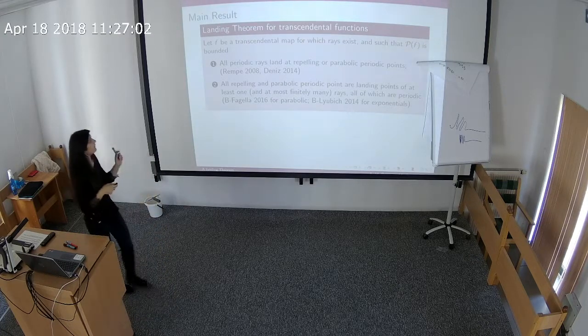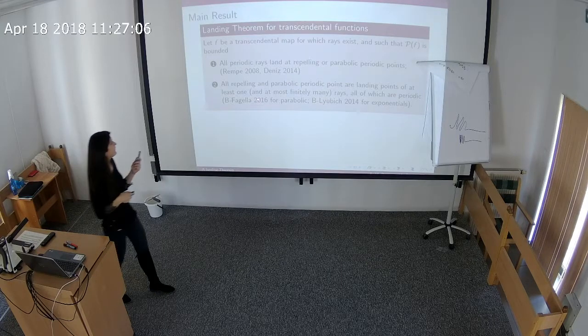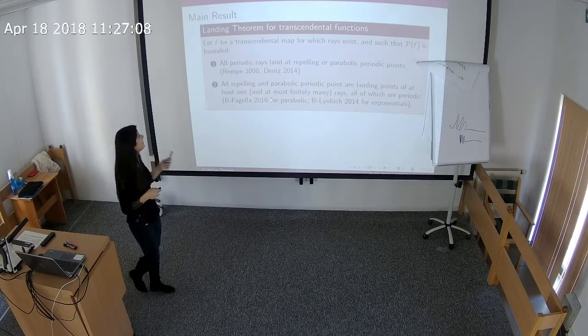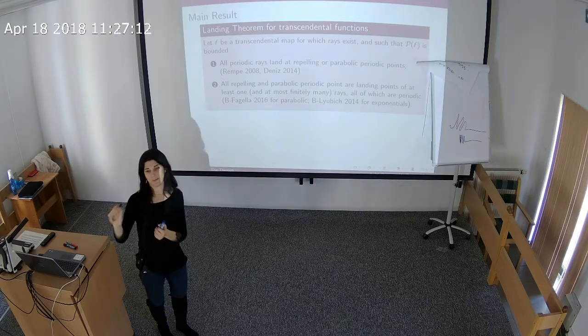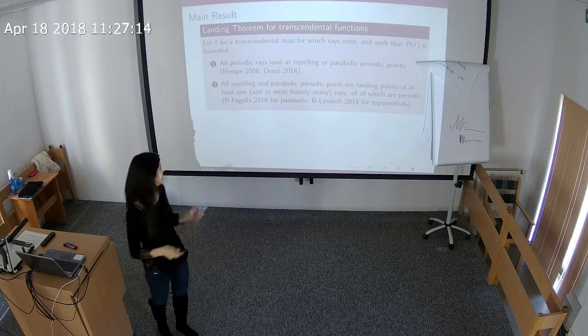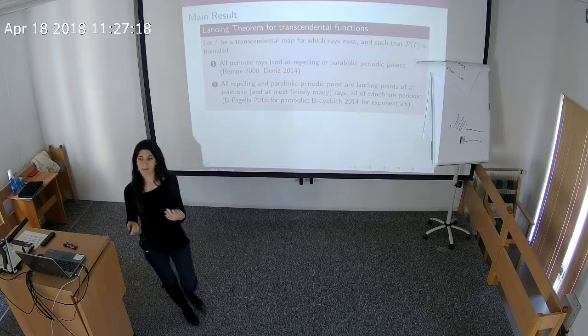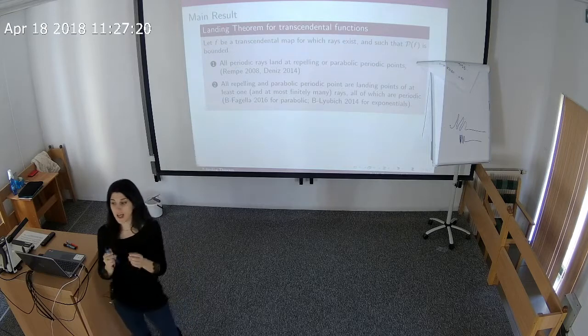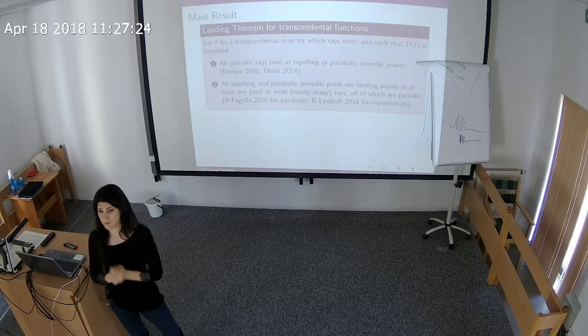So this was kind of done. And you can also prove the converse, the analog of the Hubbard theorem, which tells you that all repelling and parabolic periodic points are accessible by one of these curves. This is really new, and it is the hardest part to generalize from the Hubbard landing theorem, because this part really uses the fact that you have a basin of attraction for infinity.